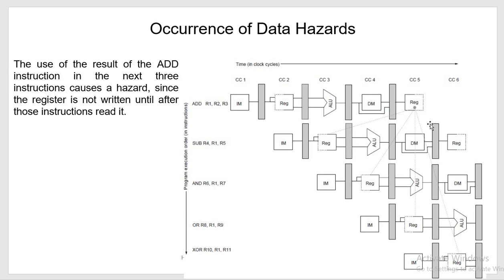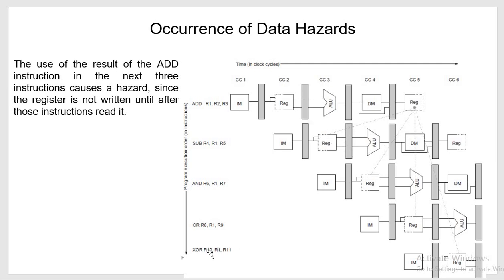This diagram shows the details of the occurrence of the data hazard. As we have already discussed, the result will be ready after the completion of the fifth machine cycle, but the data is required for the second instruction. Data of R1 is required for the second instruction during the third clock cycle, and for the third instruction during the fourth cycle, which will not be available. So in these two conditions a hazard will occur.